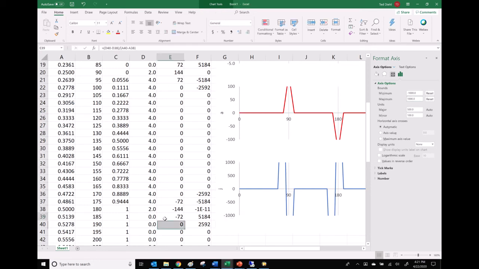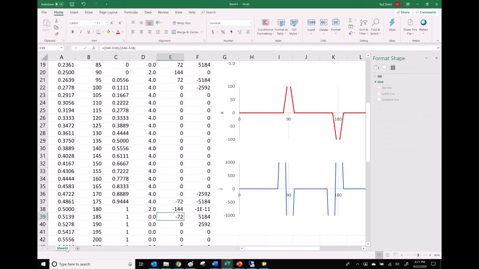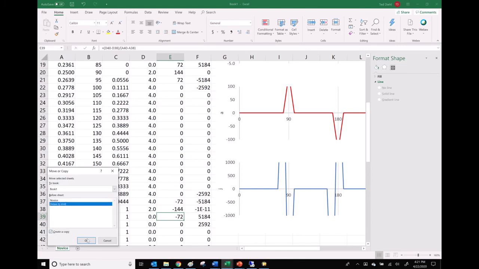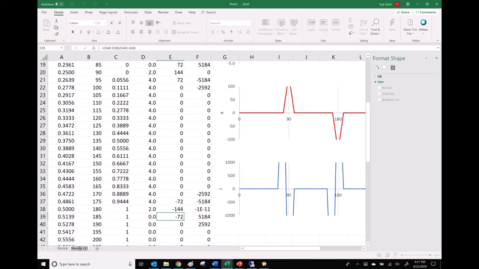Okay, so now I'm set up for this, and I decided to copy this. Well, I changed, first off, I renamed this to novice. And now I can copy it and move it so that it's after, and I could change it so that it's sophomore.